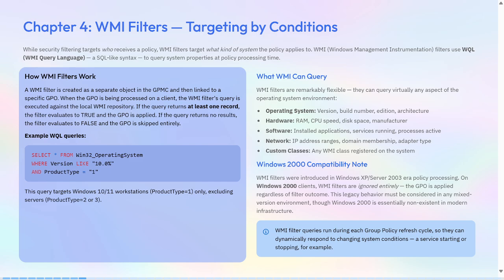For example, you are applying this group policy with a Win32 operating system query where the version is like 10, wherever you have Windows 10 machines. This query targets only Windows 10 and 11 workstations, excluding servers.